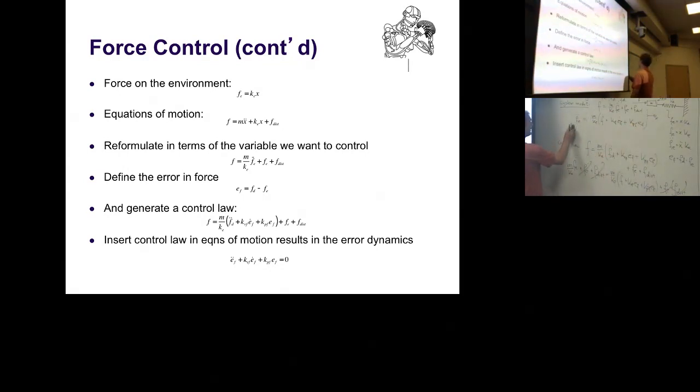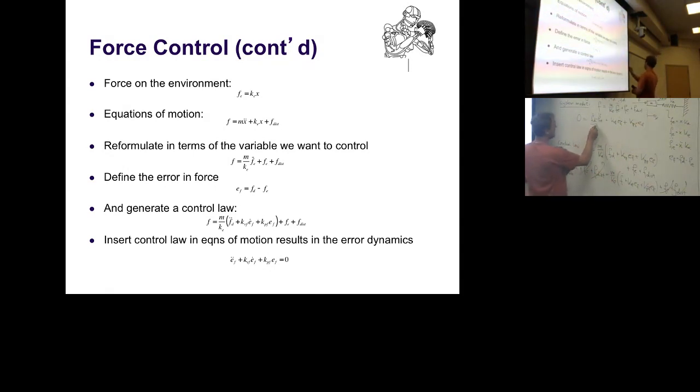Okay, now I can cancel those terms as well. This is F desired here, I can bring this on the other side, which gives me essentially F desired double dot minus Fe double dot equals 0. Okay.